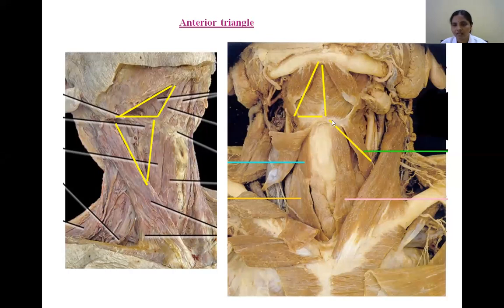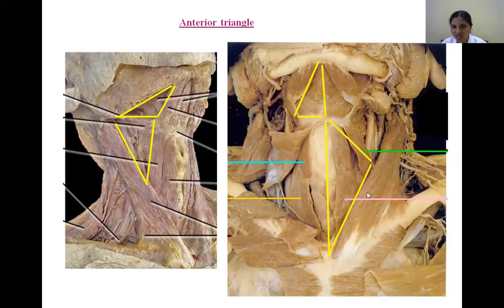Then the other triangle is the muscular triangle. So what is the muscular triangle? It is limited above and posteriorly by the superior belly of omohyoid, below and posteriorly by the anterior border of the sternocleidomastoid, and in front by an imaginary line from the body of the hyoid bone to the suprasternal notch.